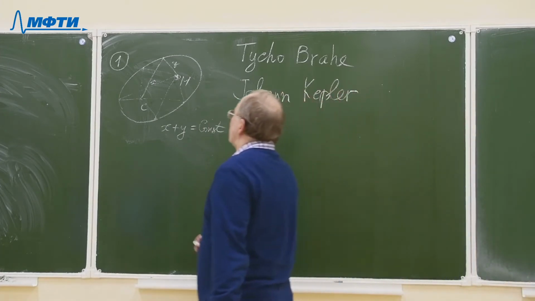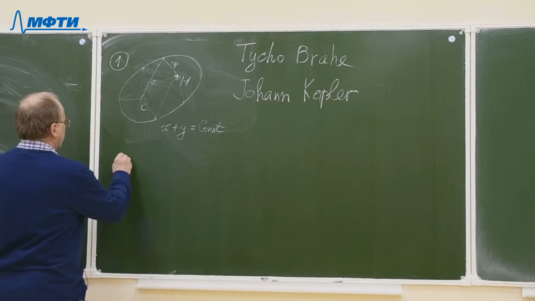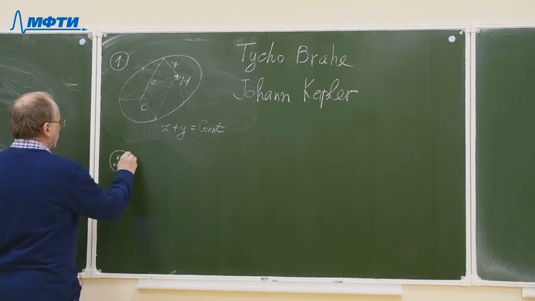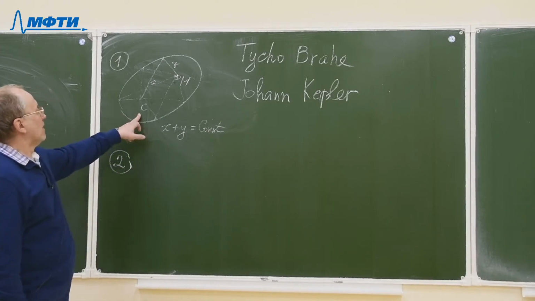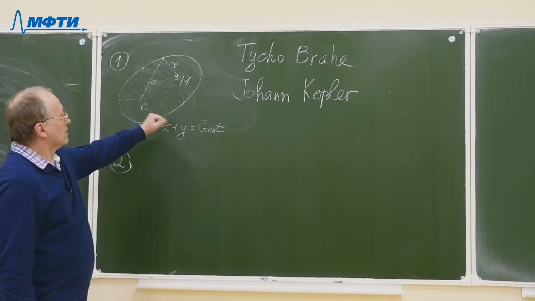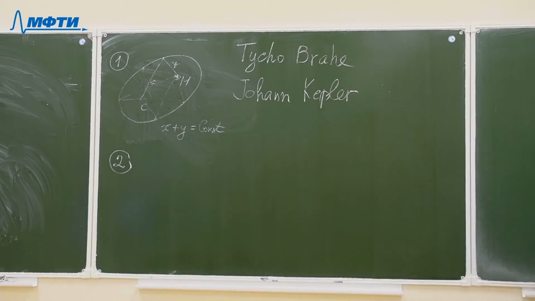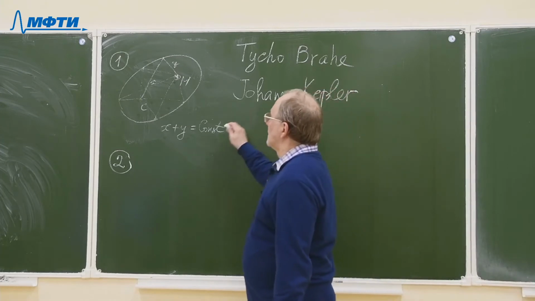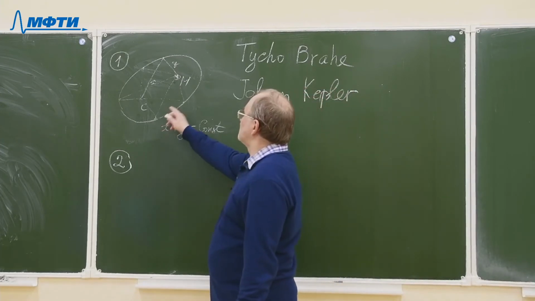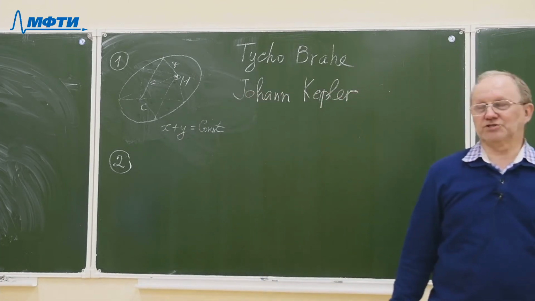Before we go to the second Kepler's law, I will tell you a few things about what happened next. Newton studied the works of Kepler, and he read that a planet moves along an elliptical trajectory.